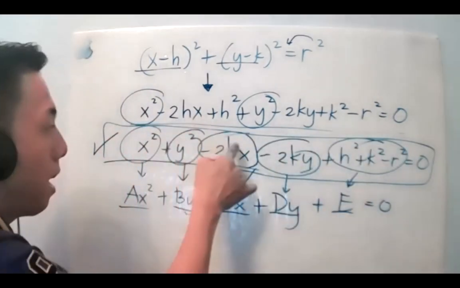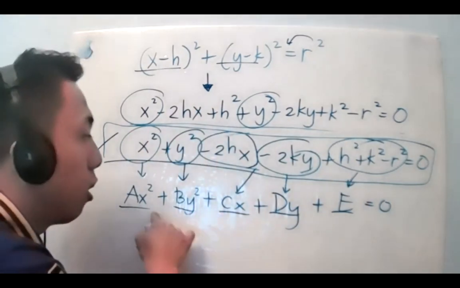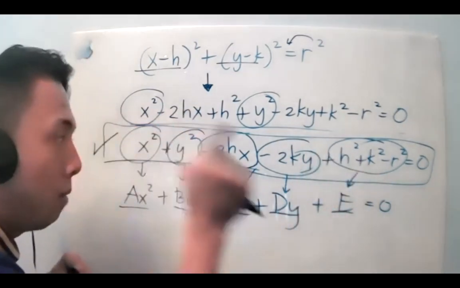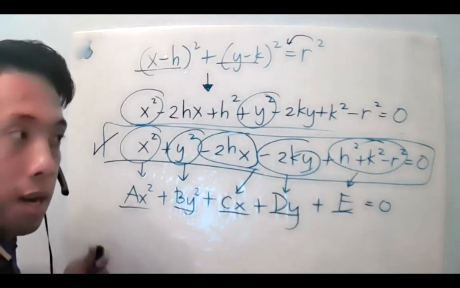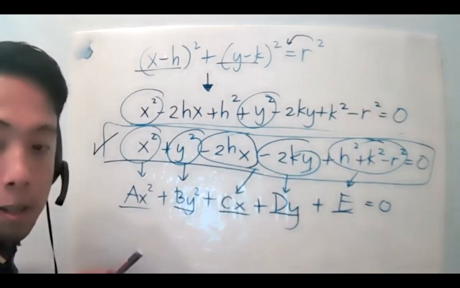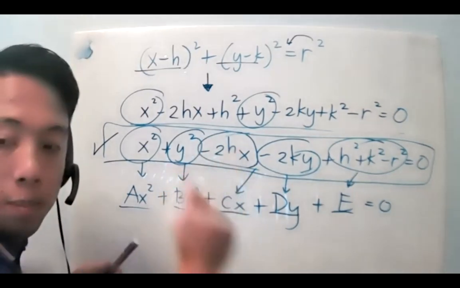This is the formula and this is the form. Don't forget it. This is just how it looks when arranged, but the formula is this. You will understand later. Formula, form, formula, form.